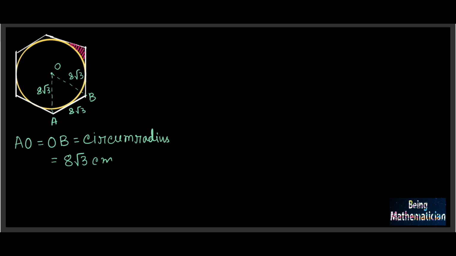Now let OP be perpendicular to this AB. So clearly OP is the inradius of the incircle.